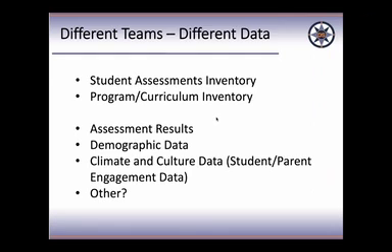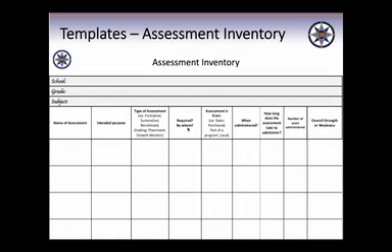Probably when I'm using it today, it's going to be the purchased program that I'm talking about. So you look at assessment results, demographic data, climate and culture, student engagement, and other data. But the two main things I want to start with are student assessment data and program and curriculum inventory data.